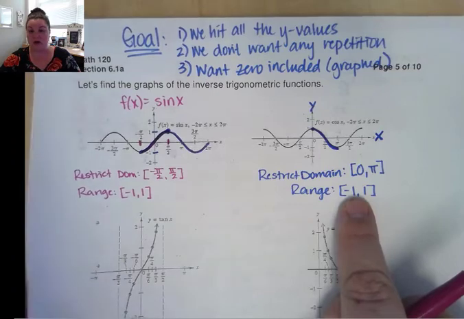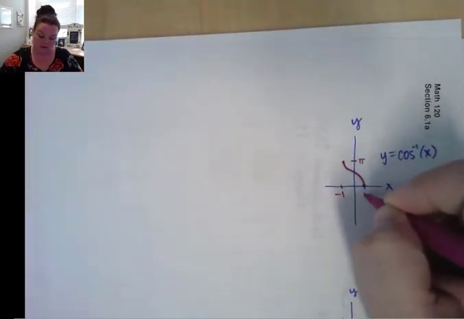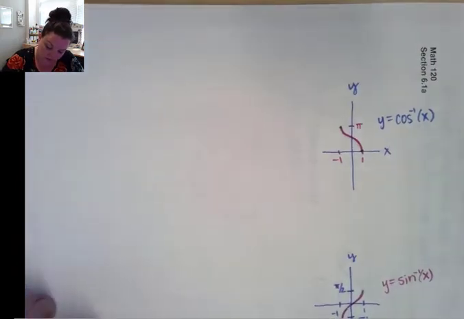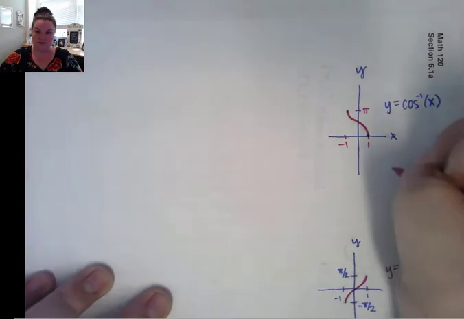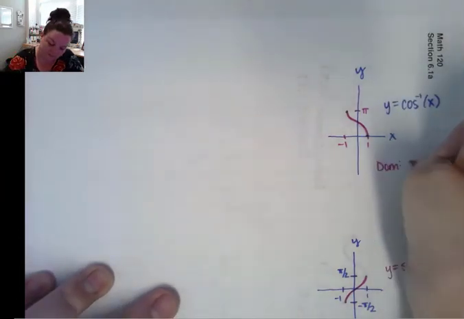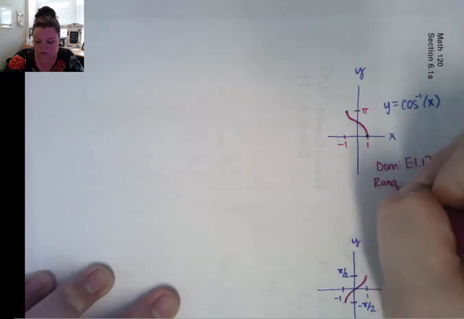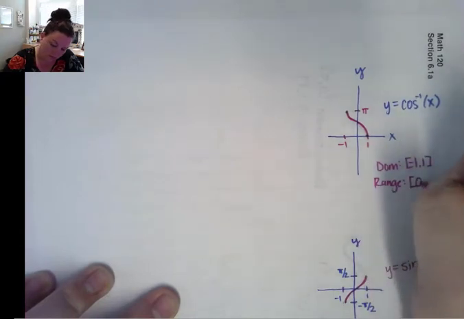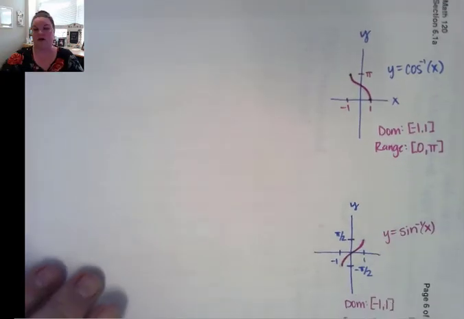So now those range values are going to become our domain values, our x values. So it's going to go from -1 to 1. Okay, so I'm going to go ahead and list my domain and range here. So my domain is -1 to 1, and my range values are from 0 to pi.